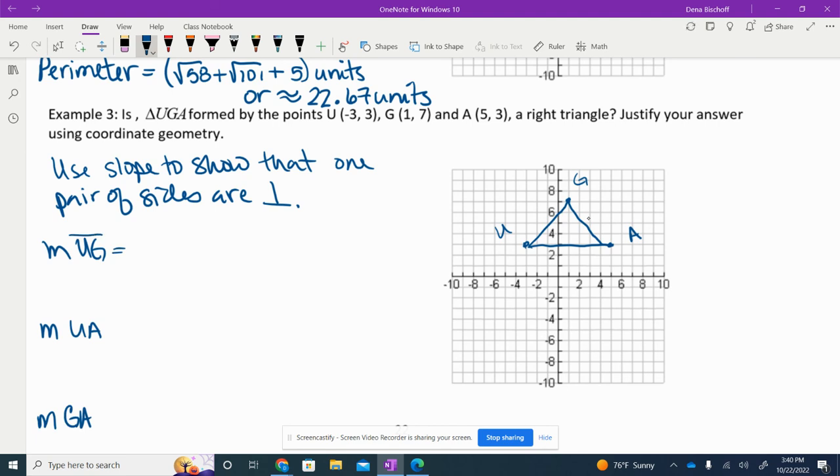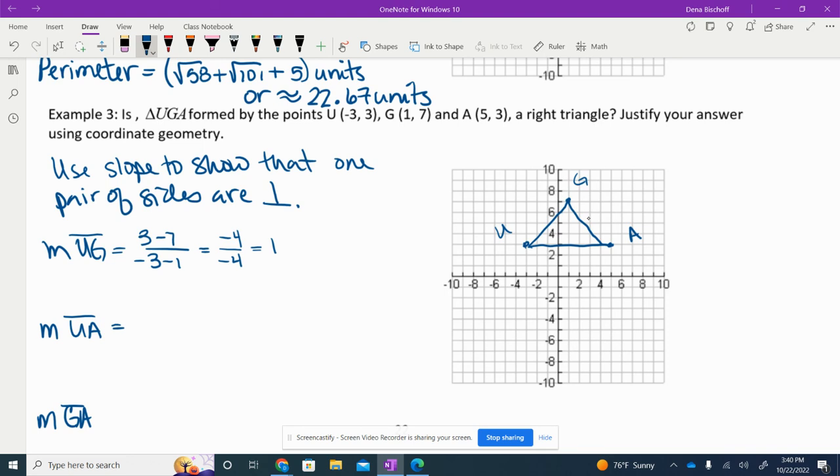Okay, so the slope of segment UG, let's see, slope, y coordinate 3 minus 7 over -3 minus 1. 3 minus 7 is -4. -3 minus 1 is -4. So segment UG has a slope of 1. Let's look at segment UA.